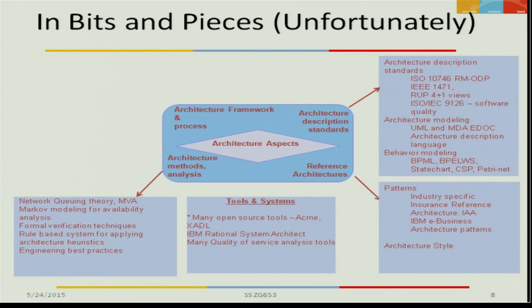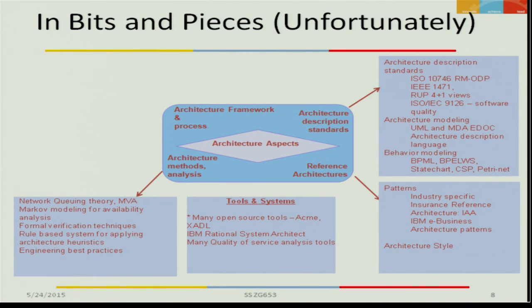For example, people have worked on architecture descriptions, how architecture can be described, and there is tons of work. Standards like ISO, standards like IEEE 1471, then RUP, Rational's 4+1 views, ISO's 9126 definition of software quality, architecture modeling languages like UML, architecture description languages which came out of many universities, modeling of behavior using BPML, Petri nets, state charts.